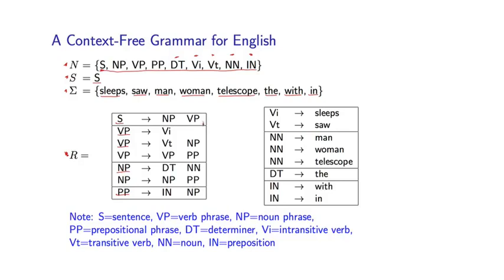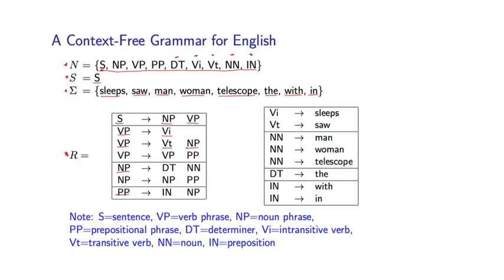And on the right-hand side of each rule, I see a sequence of 0 or more symbols, where each symbol could be any element of N or sigma. So in particular, I have S goes to NP VP here. VP goes to VI, VP goes to VT NP, and so on and so on.